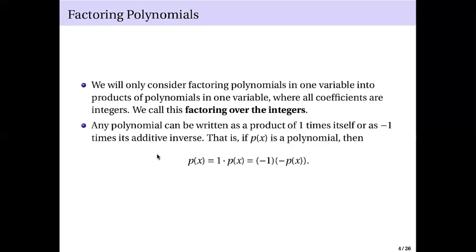So here, if we have p of x, then this p of x can be written as 1 times p of x, or you can write it as negative 1 times negative p of x. So 1 times itself or negative 1 times the additive inverse, which is the negative of the polynomial.